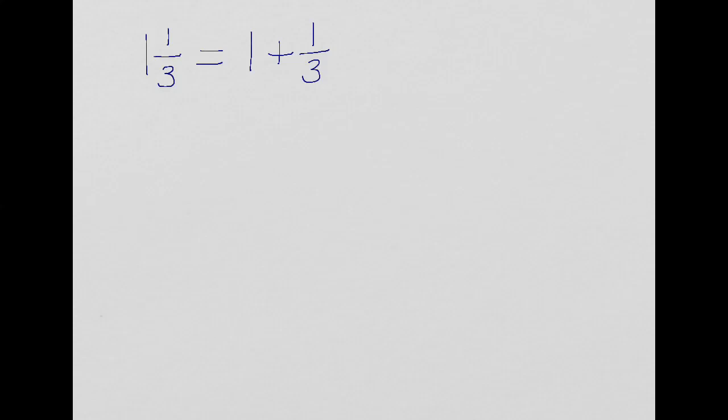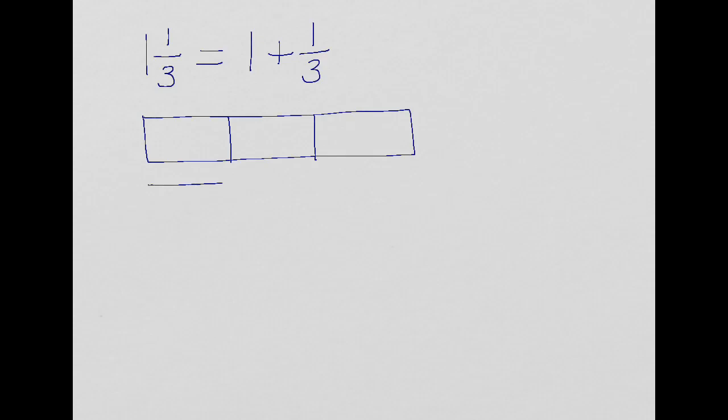Now, if I want to think about the number 1 in thirds, I'm going to draw my bar out, and that's my bar, which is 1, and I'm going to divide it into thirds. So that's my 1 divided into thirds, and I also have another 1/3. This 1 here is represented by this diagram here, and this 1/3 here is represented by this part of a bar here.